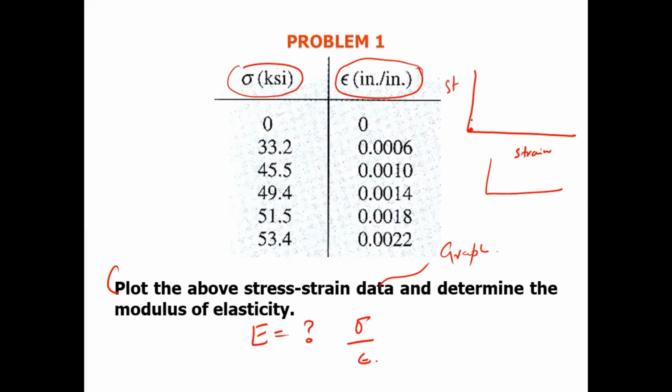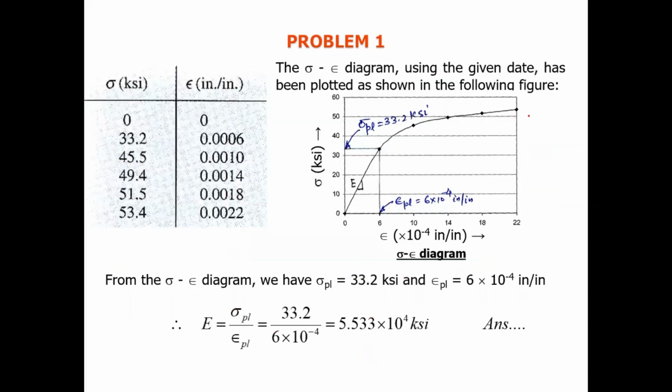Then 33.2. Make an interval of 10 here, and make an interval on the strain axis too. According to that, for 33.2, mark the value 0.006, and you get a graph something like that.